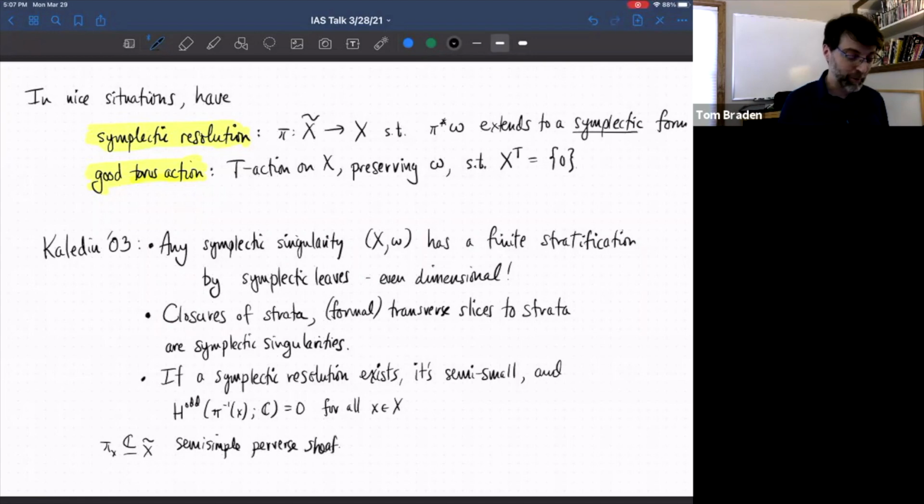It's semi-simple because of the decomposition theorem, and it's perverse because it's semi-small. But there's an even stronger fact, that the category of perverse sheaves generated by the summands is itself semi-simple. Not only is it a direct sum, but there could not be any Exts because of the even property and the even dimensional strata.